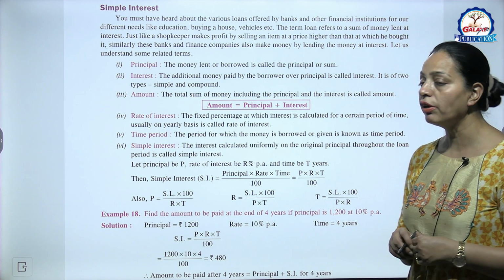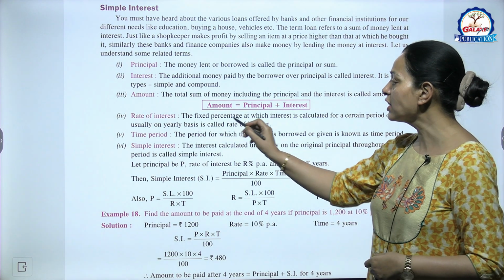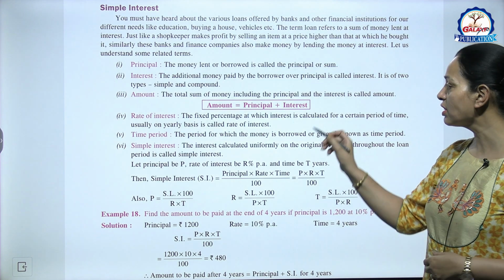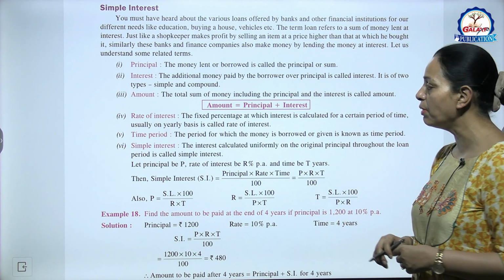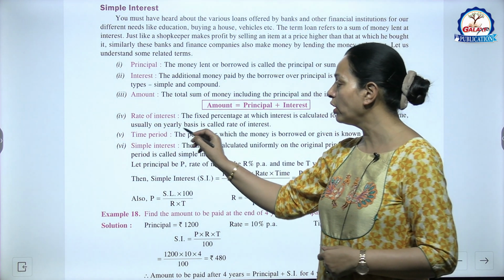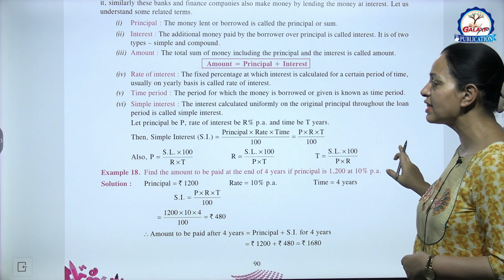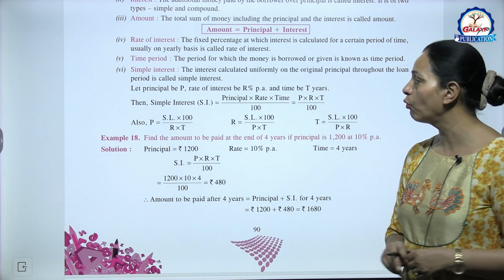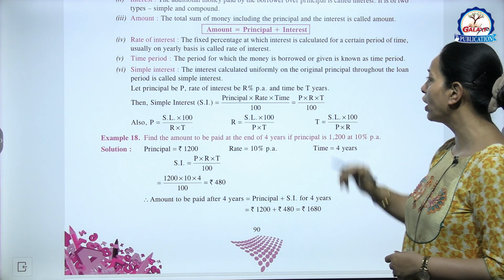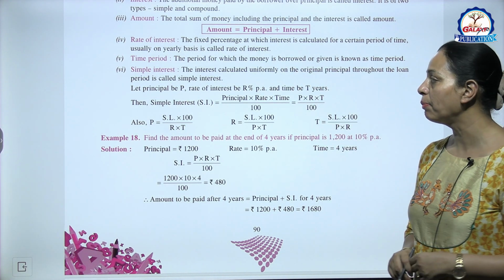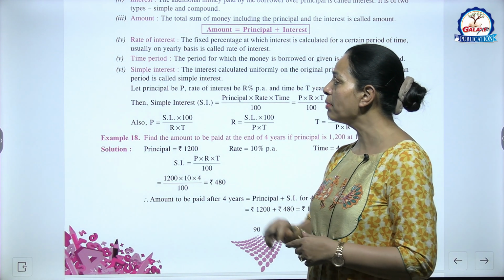Now the fourth one, rate of interest. The fixed percentage at which interest is calculated for a certain period of time, usually on yearly basis, is called rate of interest. The next is time period. The period for which the money is borrowed or given is known as time period. The sixth one, simple interest.